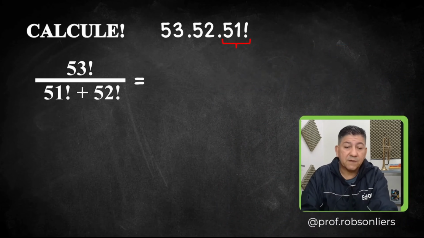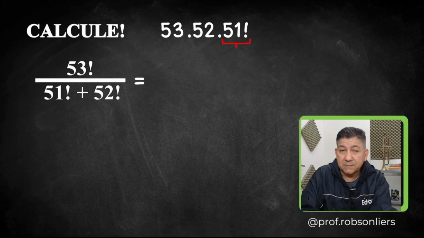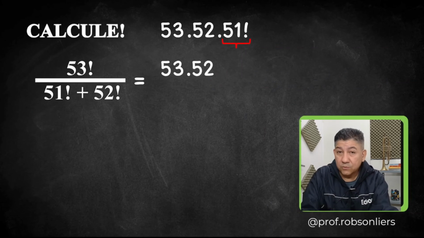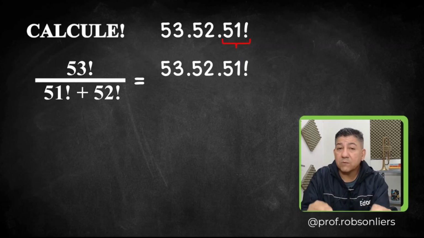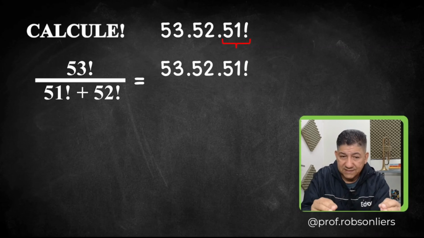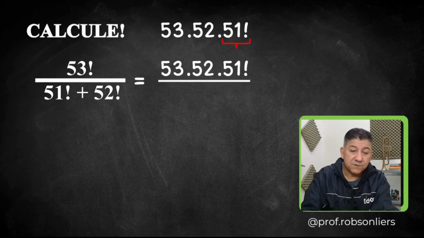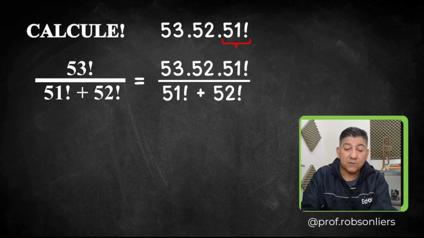Writing this down, it will look like this. The top part, 53 factorial, 53 times 52 times 51 factorial. We've already seen we can write 53 factorial this way, all right? And how will it look on the bottom, divided by 51 factorial plus 52 factorial? A lot of people will take it and simplify.